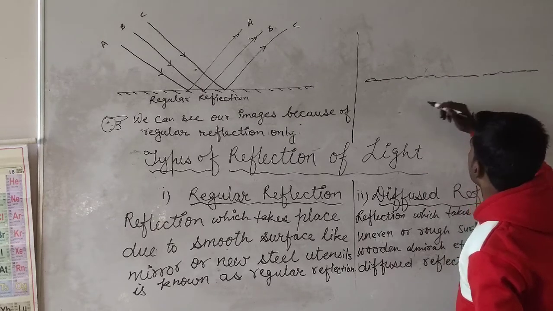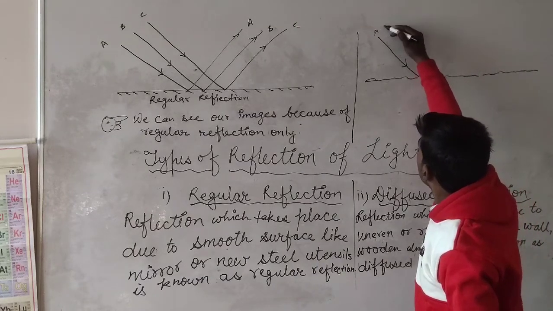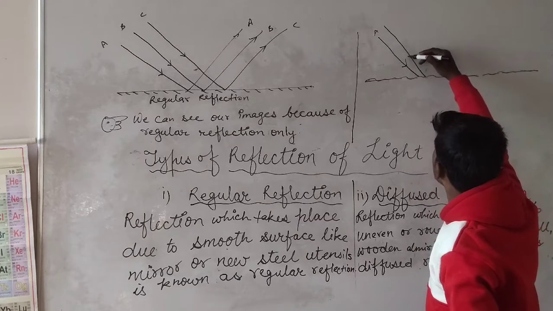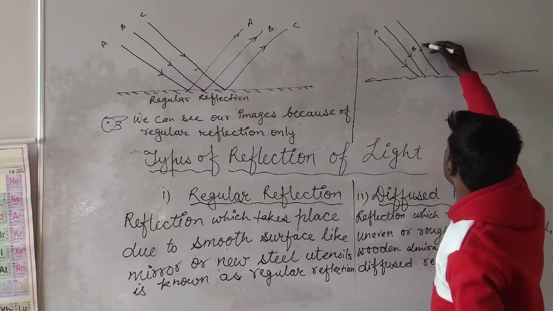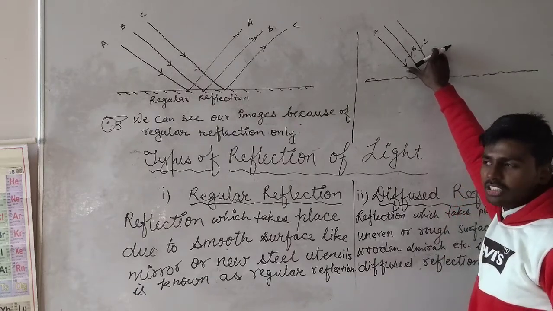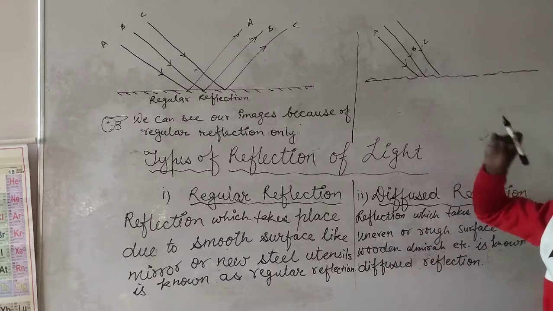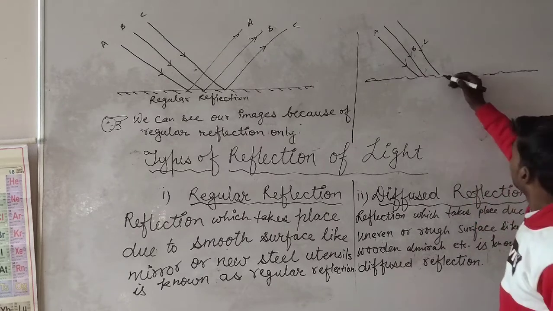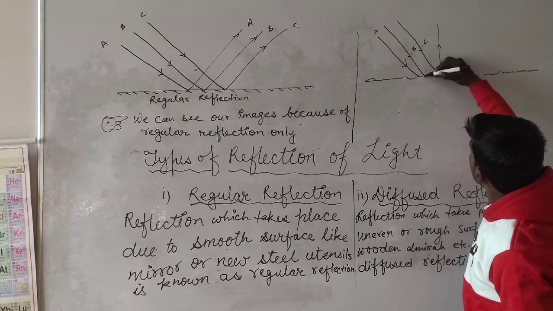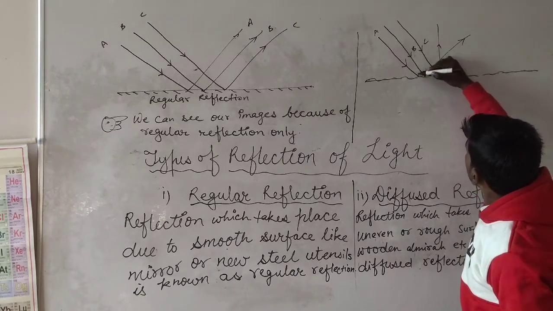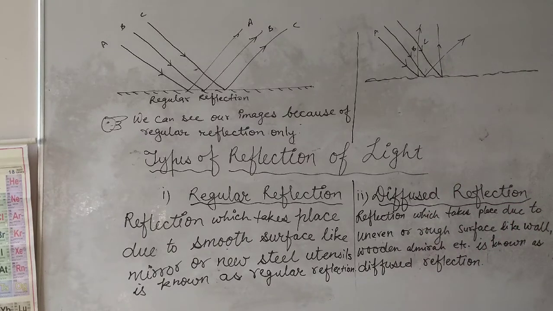Let's say this ray A is coming, another ray B, and this ray C. You all need to draw them straight, because these three incident rays are parallel to each other. Now after reflection, they will move like this. This is not a fixed path.